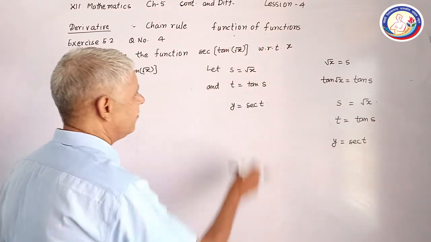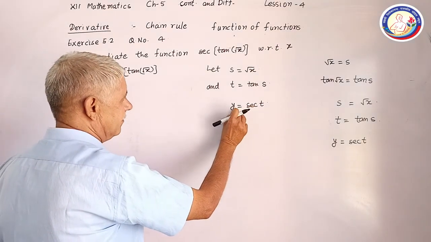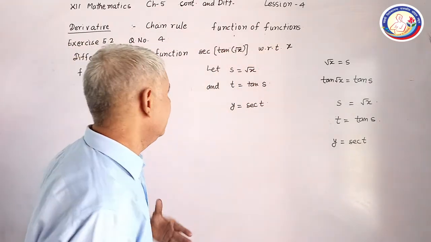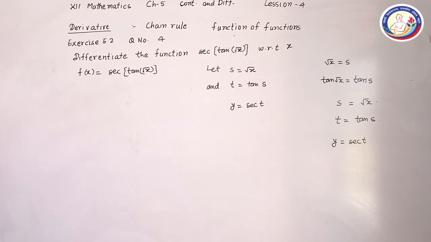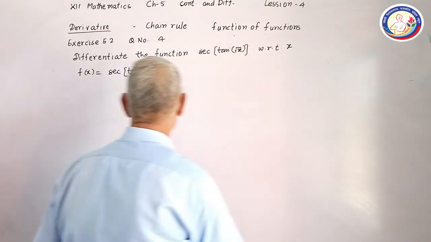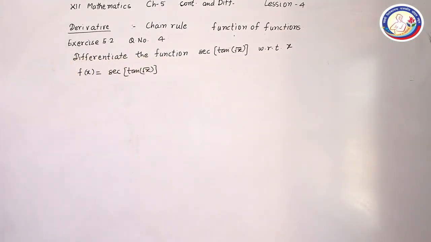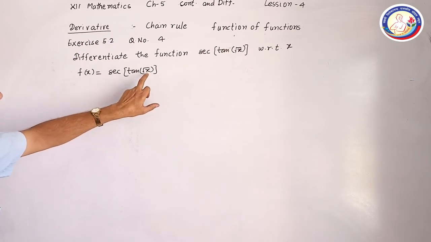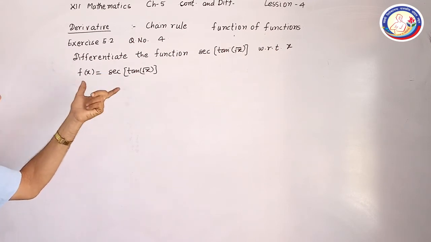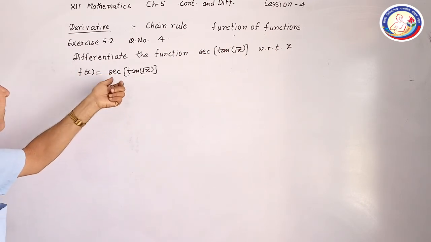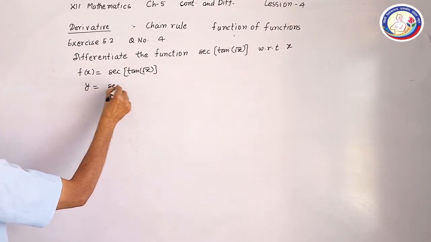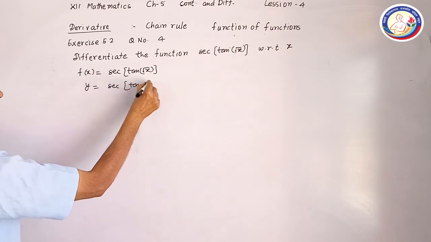Now, first of all, find the derivative of y with respect to t. This is the way to arrange this. Now I am writing it in a proper way. Again, I am saying we must go from x to tangent, tangent to sec, and if we want to find the derivative, then we must start with sec. Say y equal to sec of tangent root x.